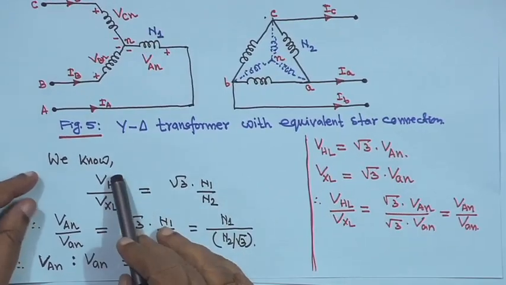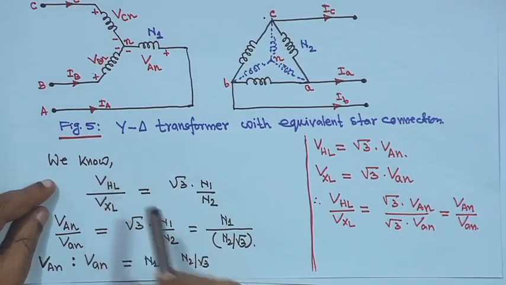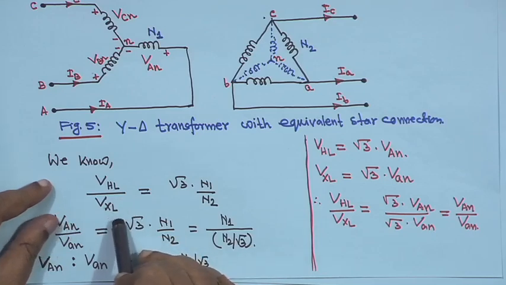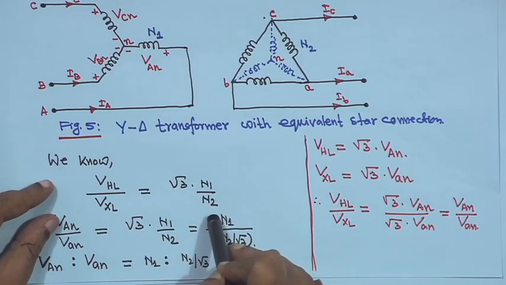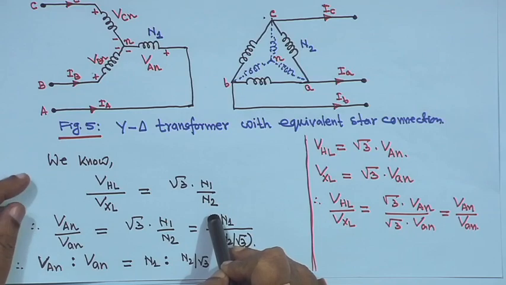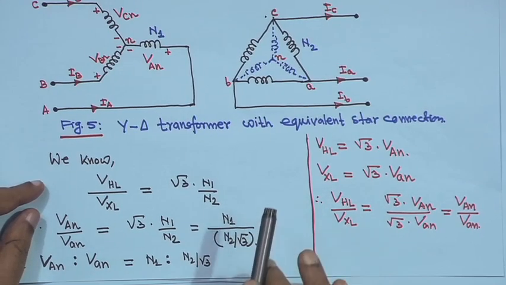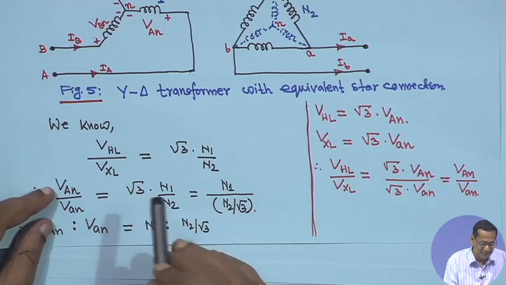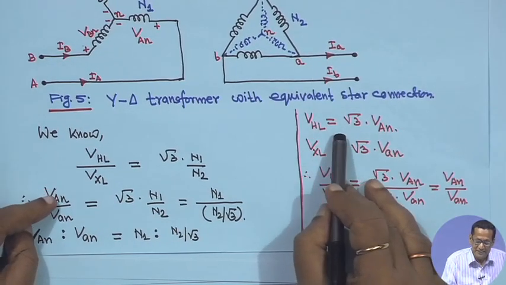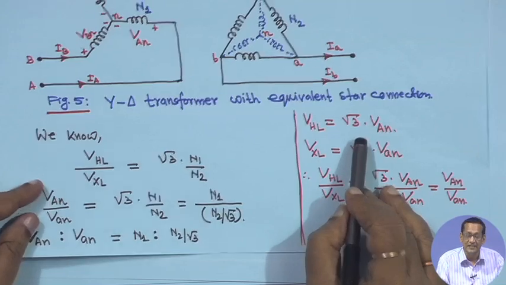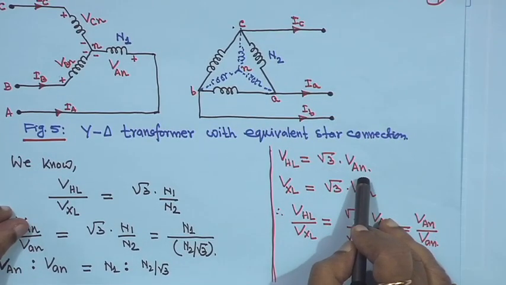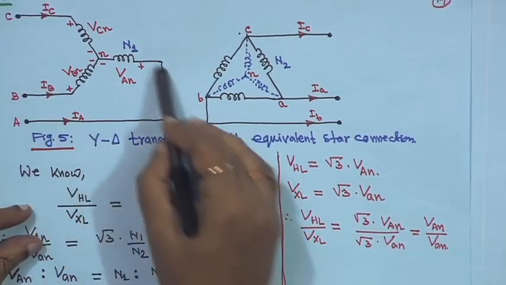Now, we have just discussed that V high voltage side line voltage by V low voltage side line voltage is equal to root 3 into N1 upon N2. Just now we have seen this, no equation number is given here. That means V high voltage side line voltage is equal to root 3 times Van, where Van is the phase voltage.